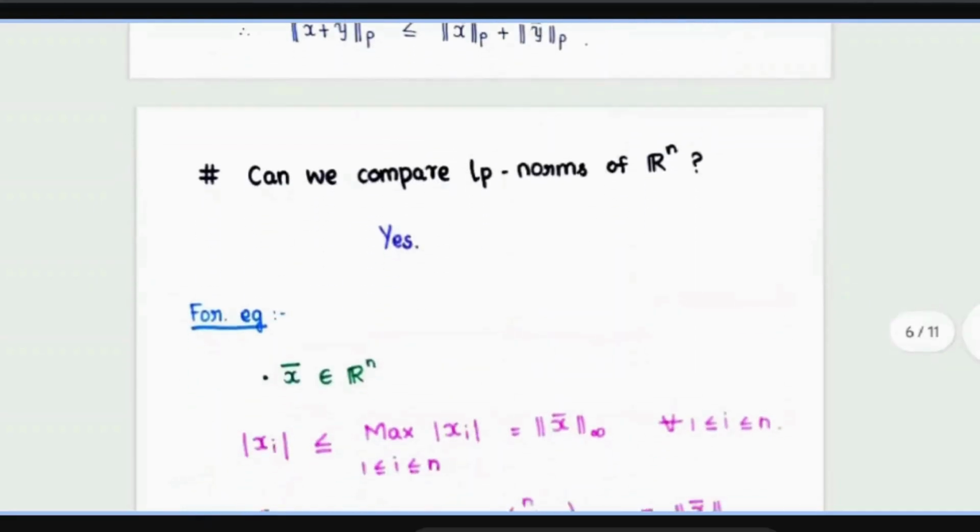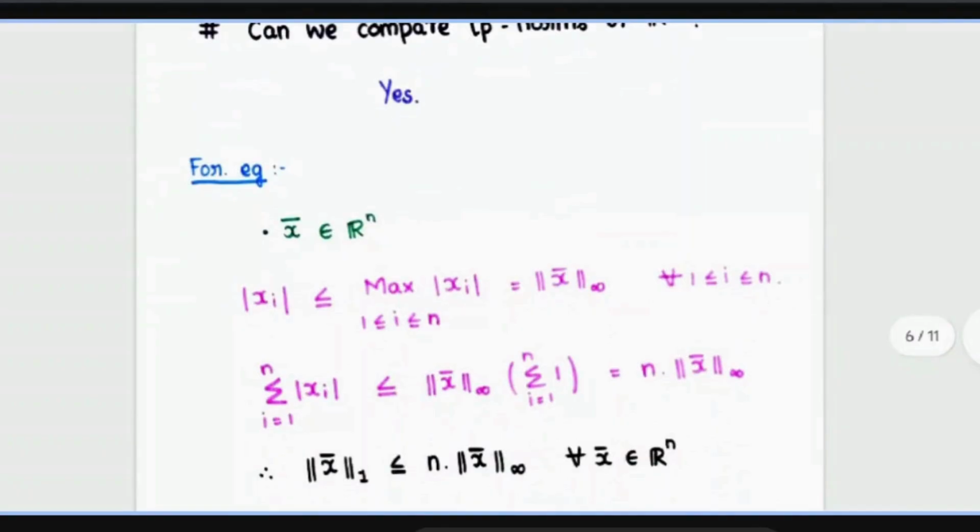Consider a vector x bar in Rn. Now, we know that each |xi| is less than or equal to the maximum of the collection of all |xi|'s, which is nothing but the L infinity norm. This is true for every i from 1 to n.